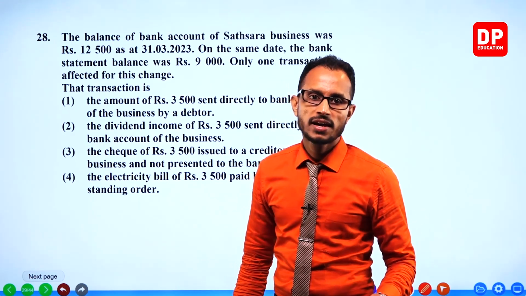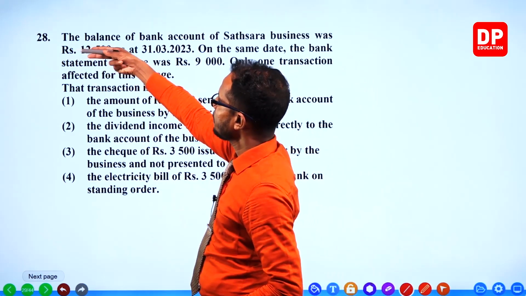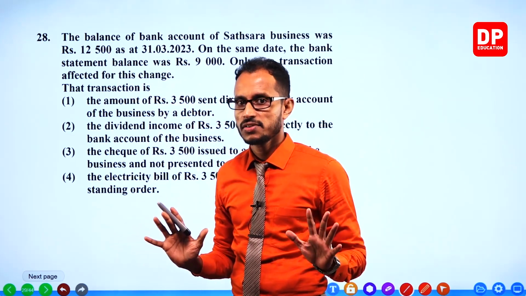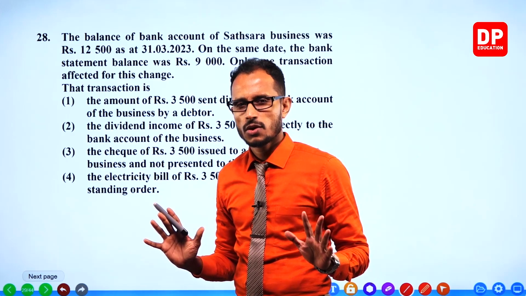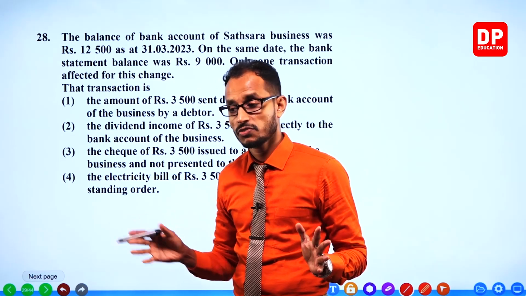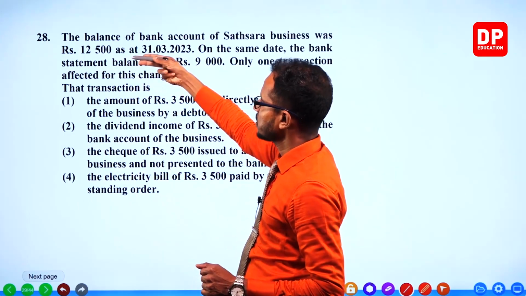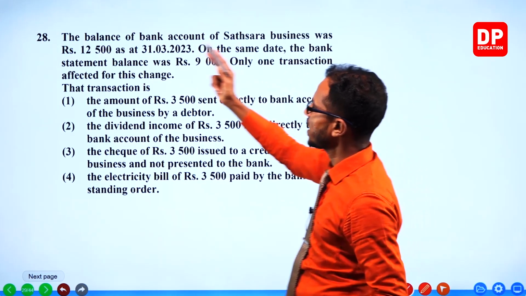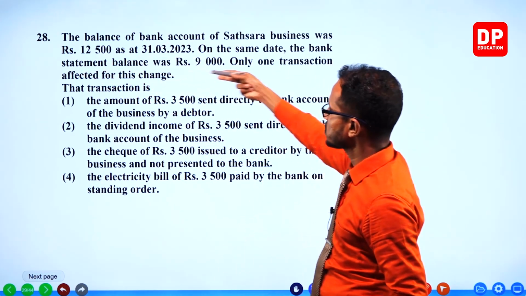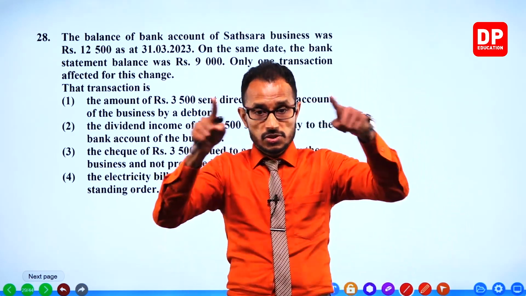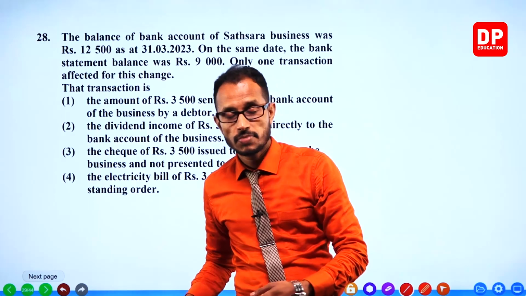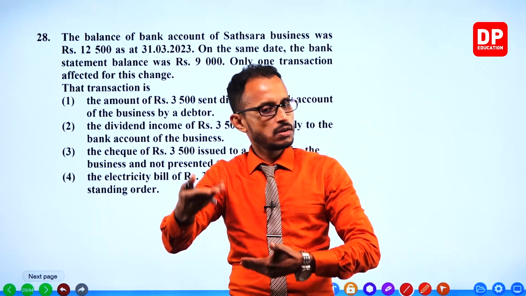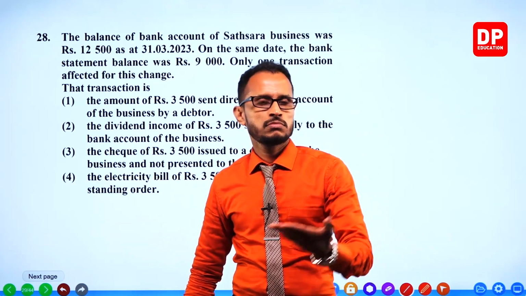Balance of bank account was 12,500 on 31st March 2023. On the same date, the bank statement balance was 9,000. In the bank statement received from the bank, when you open it, the closing balance was 9,000.